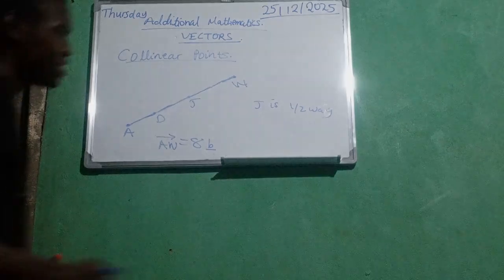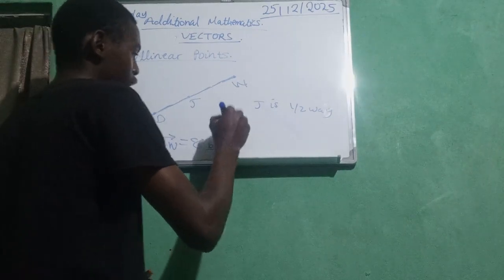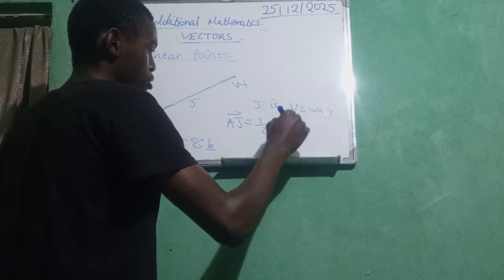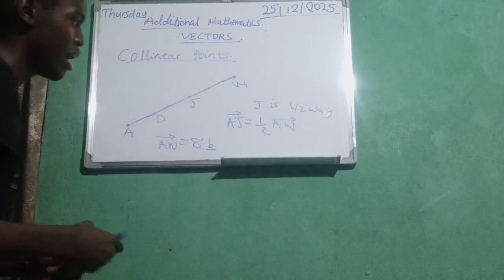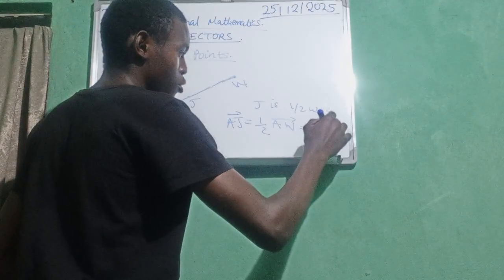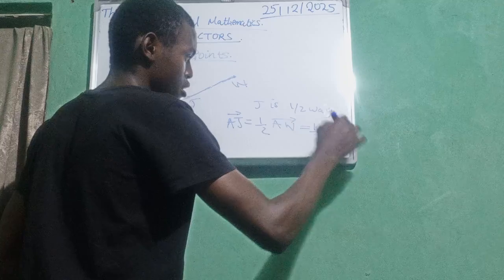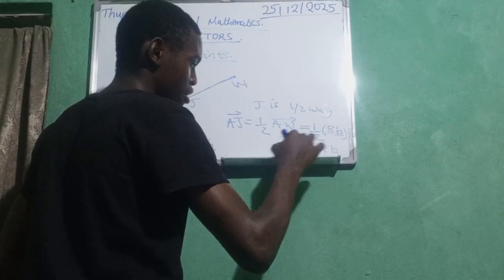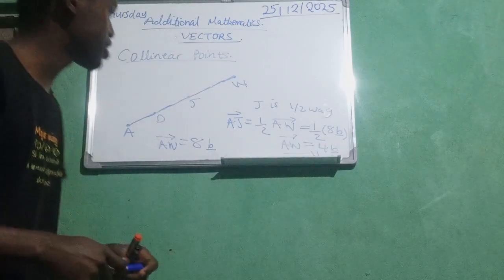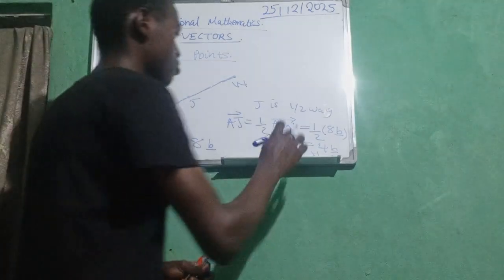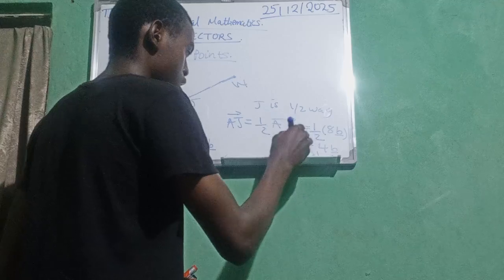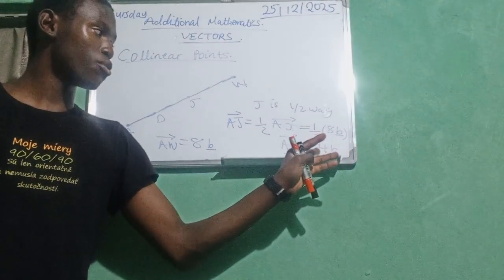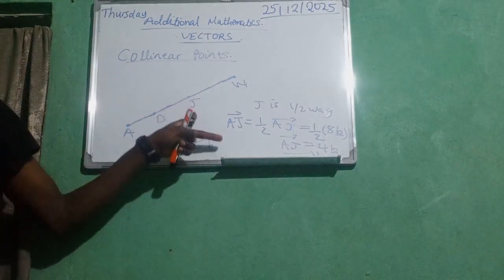That means if we are to be told to find AJ, it will be equal to half of AW, and that is equal to half of 8 of vector B. Sorry, AJ is equal to half of vector AW, which is 4 of vector B. So this to there is 4 of vector B.